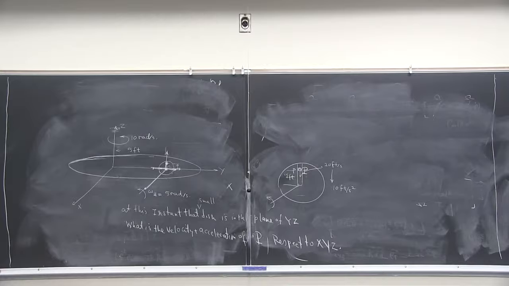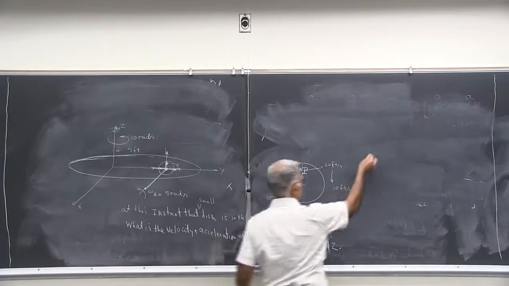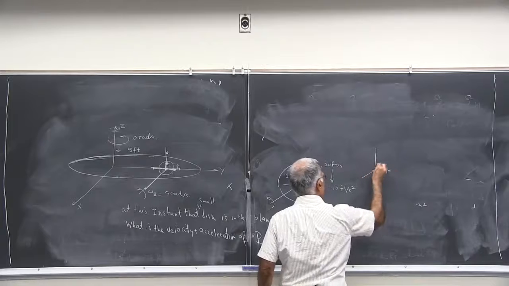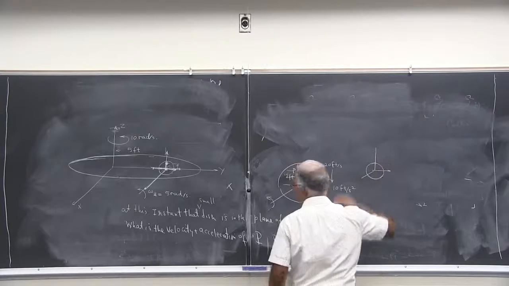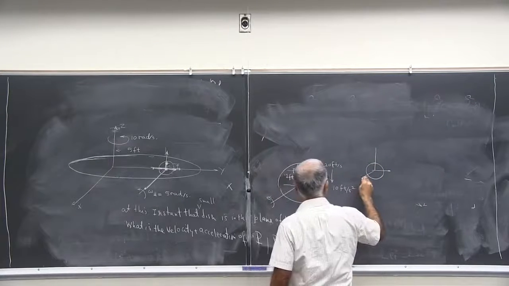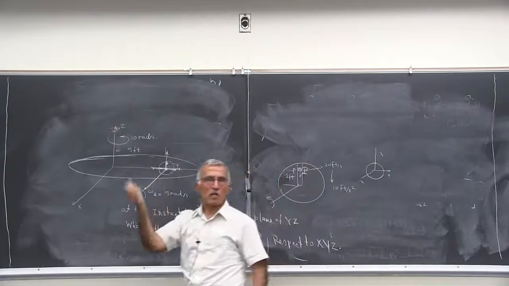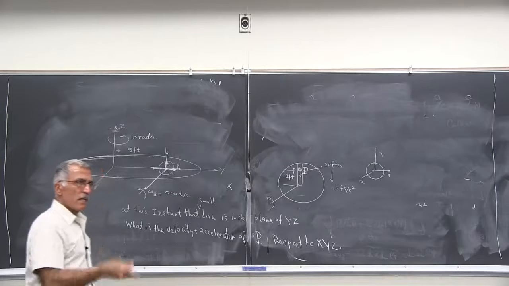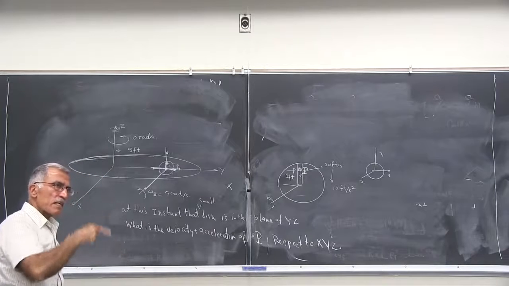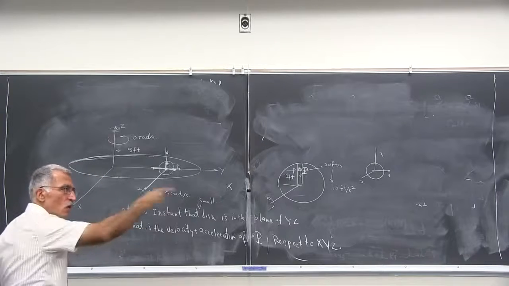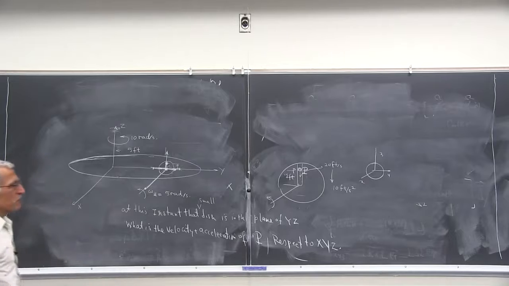You can think about it that this piece is simply rotating with respect to this axis. So my disk is rotating with respect to this axis, and my small xyz simply goes around. Inside it is rotating here, but the whole thing is going like that.